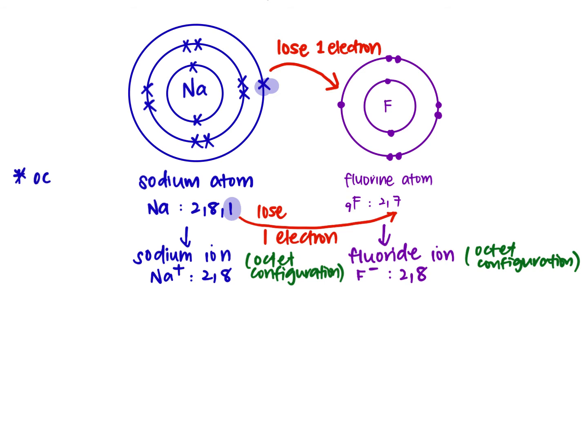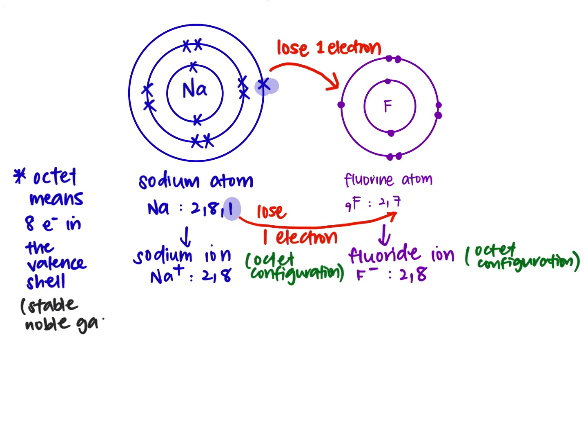So what does the word octet mean? Octet means having 8 electrons in the valence shell, which means there are 8 valence electrons, and this is a stable noble gas configuration.